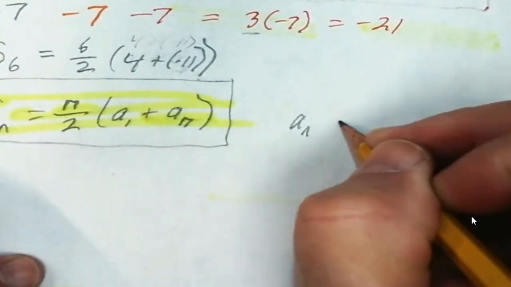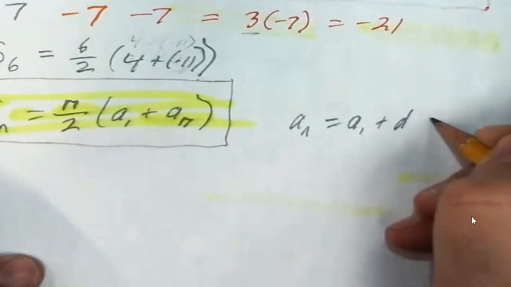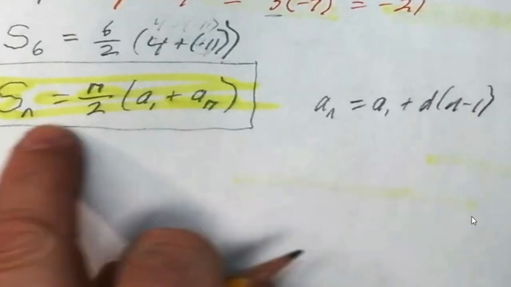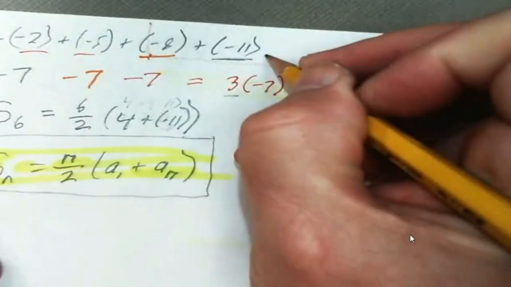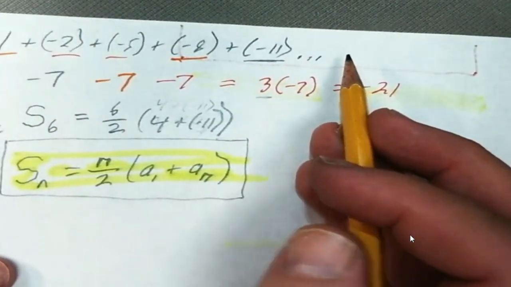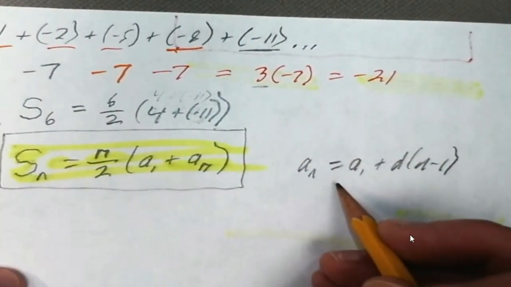A sub n equals the first term plus d times n minus 1. So if we don't know the last term, they just list this many, and then they say dot, dot, dot, and we want to add up the first 20. It's like we don't know all of that. We can take this and let's substitute it in.